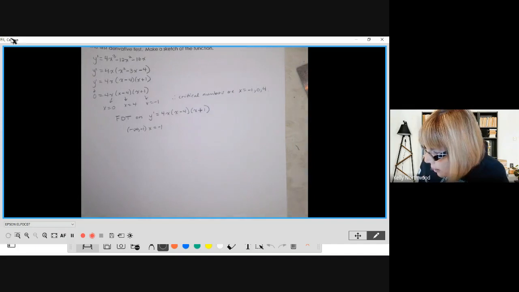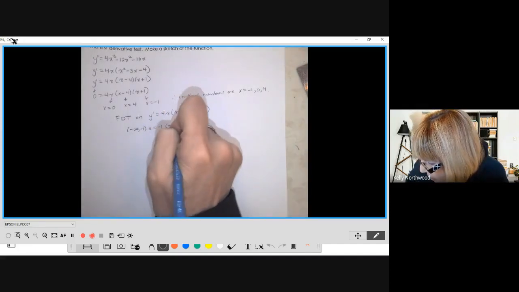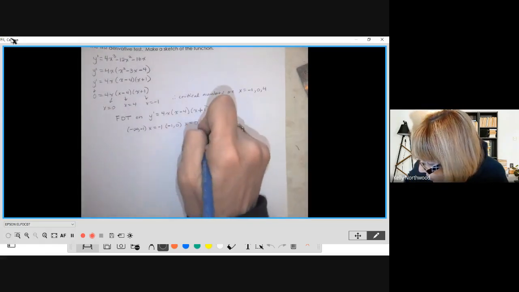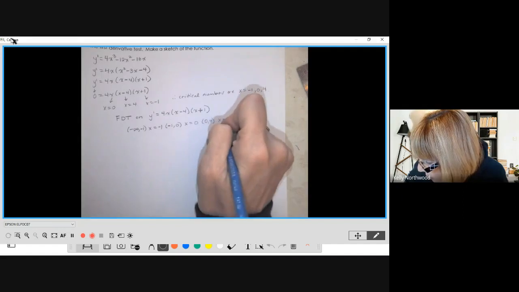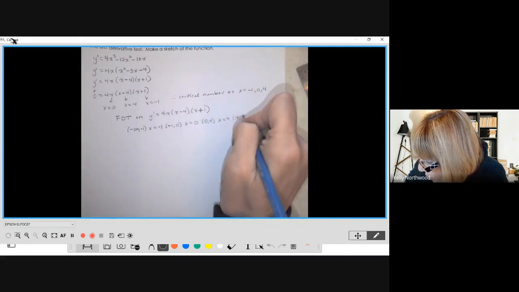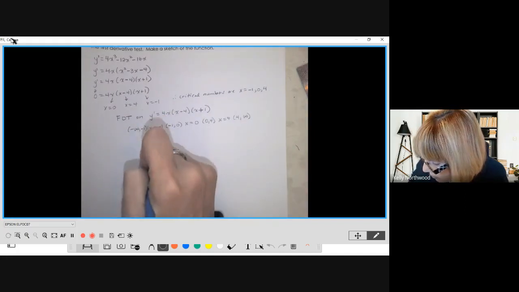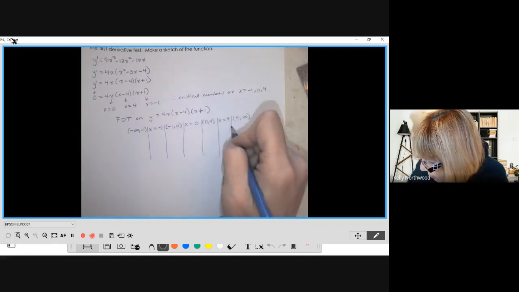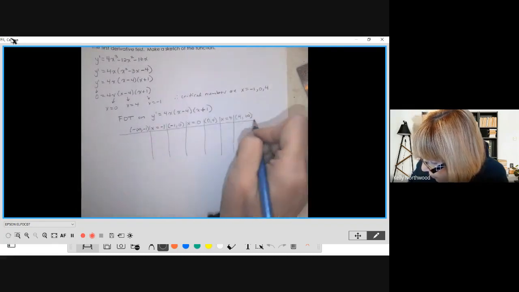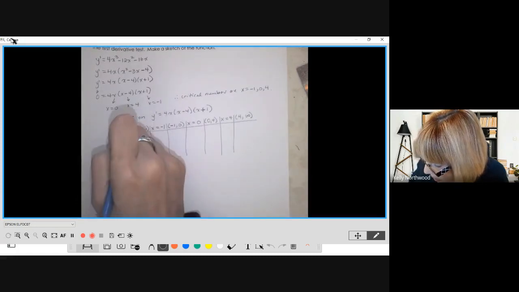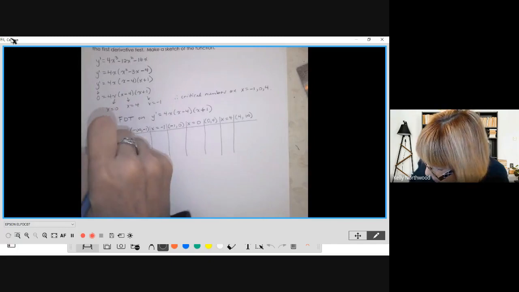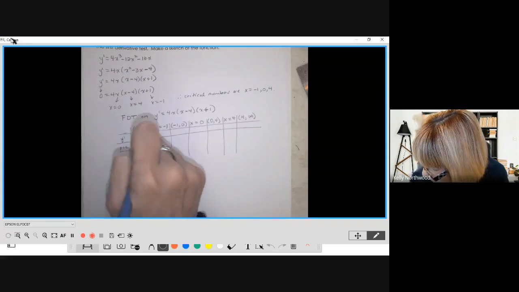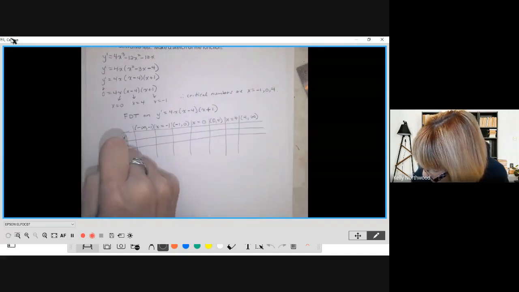Our next interval is from -1 to 0. x equals 0. Then the interval 0 to 4. And then the interval 4 to infinity. And then we're looking at the sign of y prime, a little picture, and a conclusion.